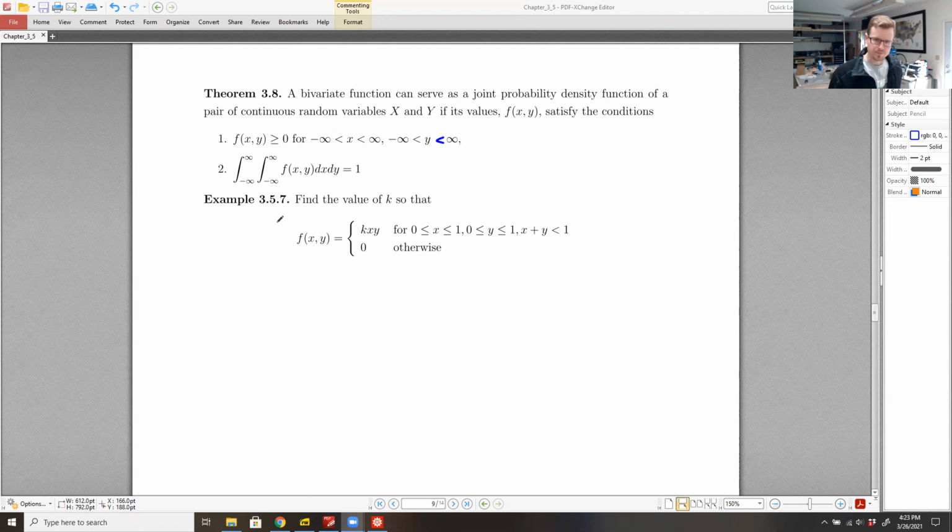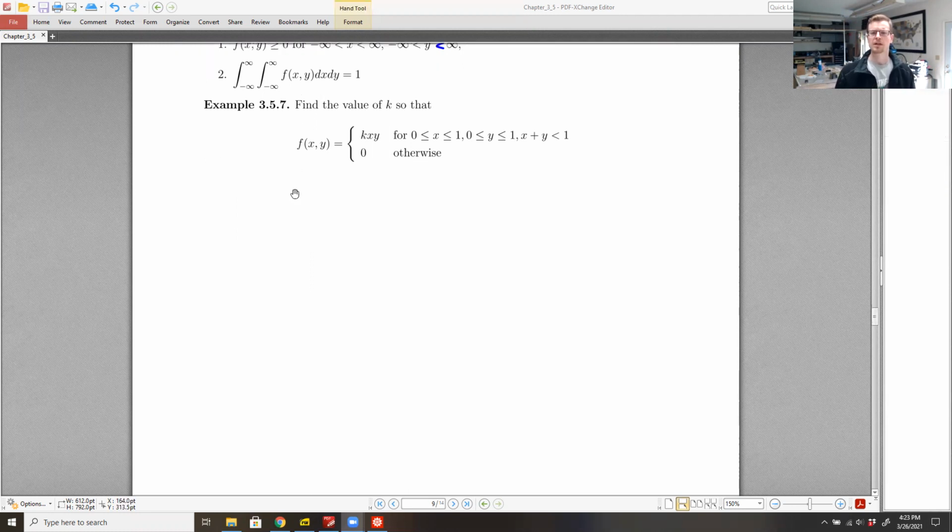Excellent. So let's take a look at an example. We're saying in this case that this function can in fact serve as a joint probability density function if we choose the right value of k. So in this case, what we want to do is observe that all of the function's values are non-negative, but also find the value of k to make the integral equal to 1.